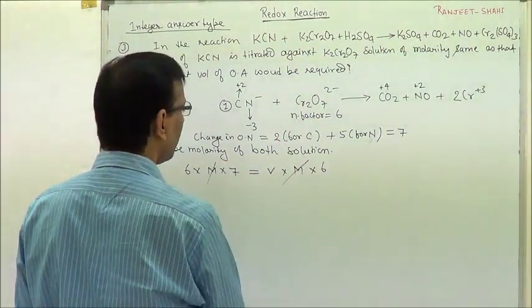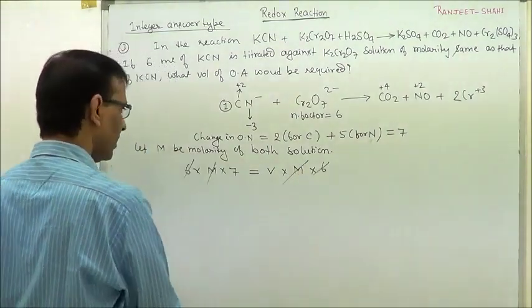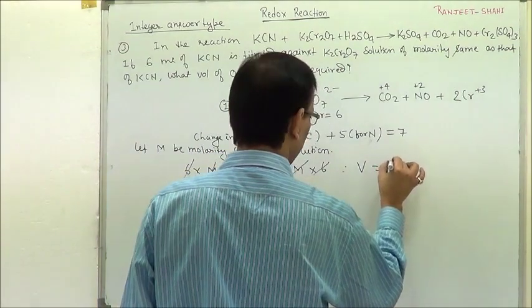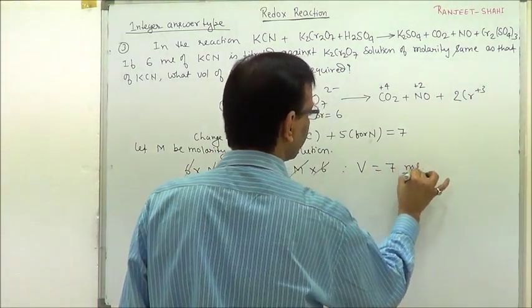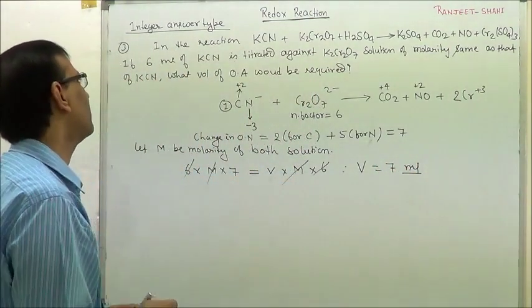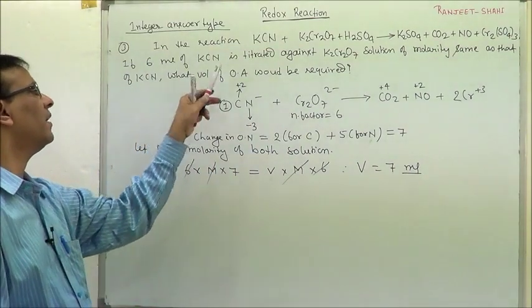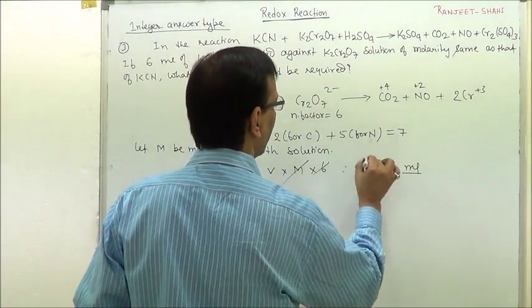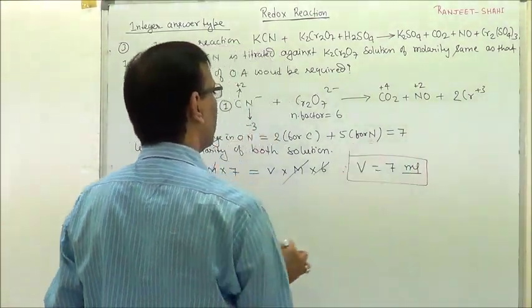Molarity will cancel out, 6 will cancel out. So V is 7 ml. So for titration of 6 milliliter of potassium cyanide, 7 milliliter of potassium dichromate will be required.